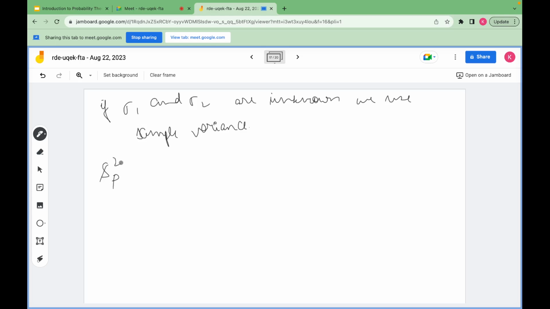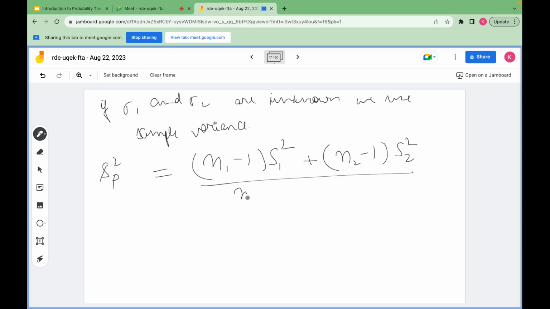So for this we will find a pooled sample variance, which is equal to n1 minus 1 s1 square plus n2 minus 1 s2 square, upon n1 plus n2 minus 2.